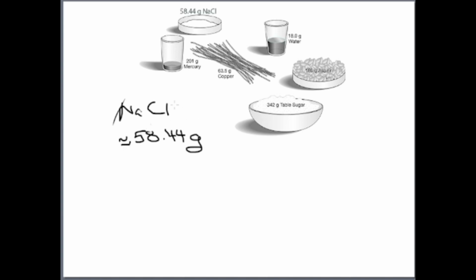If you look at elemental mercury, a very heavy element, a mole of it, that is 6.02 times 10 to the 23rd atoms, would be 201 grams. If you look at water, H2O, a relatively small compound, it's only 18 grams for 6.02 times 10 to the 23rd molecules.